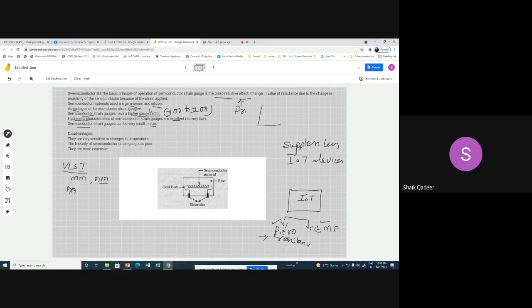Okay, up to nanometer. Let us consider this case. The basic element in semiconductor implementation is the transistor.